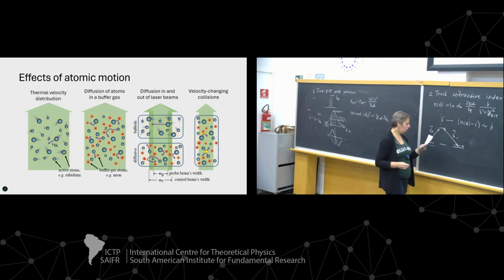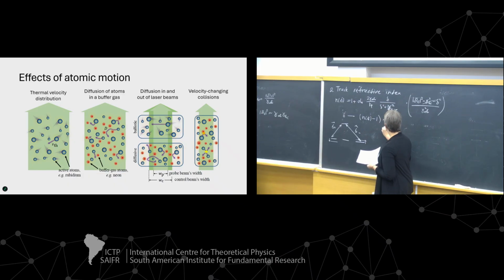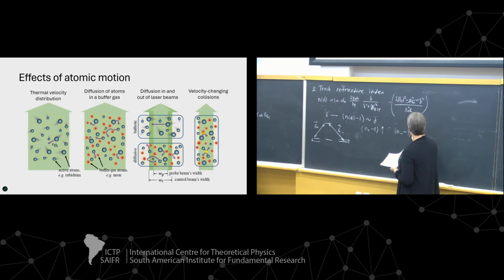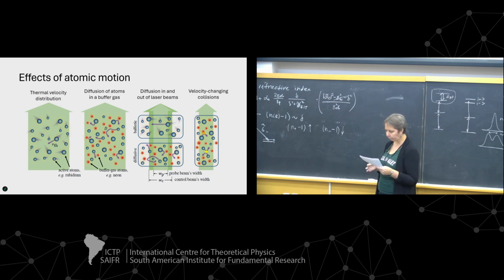That means that, for example, the refractive index for sigma plus, if it increases, then the change in the refractive index for sigma minus will decrease by the same amount.